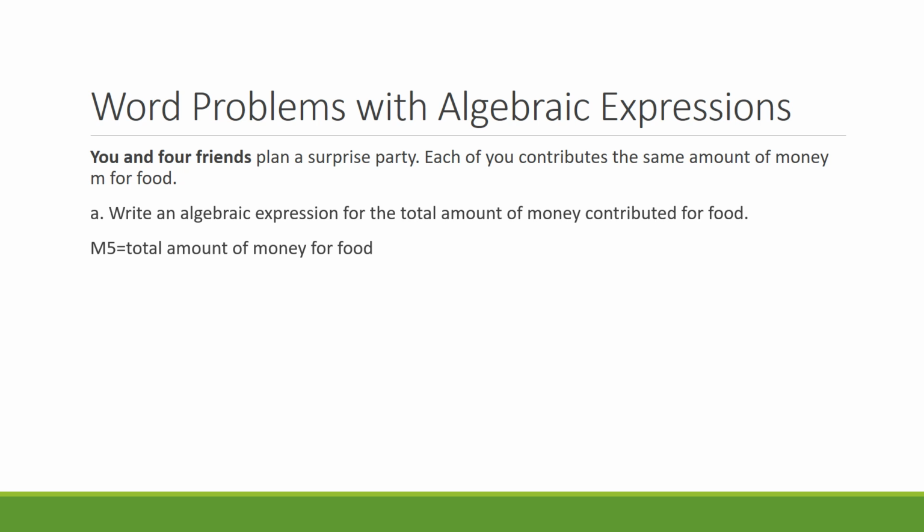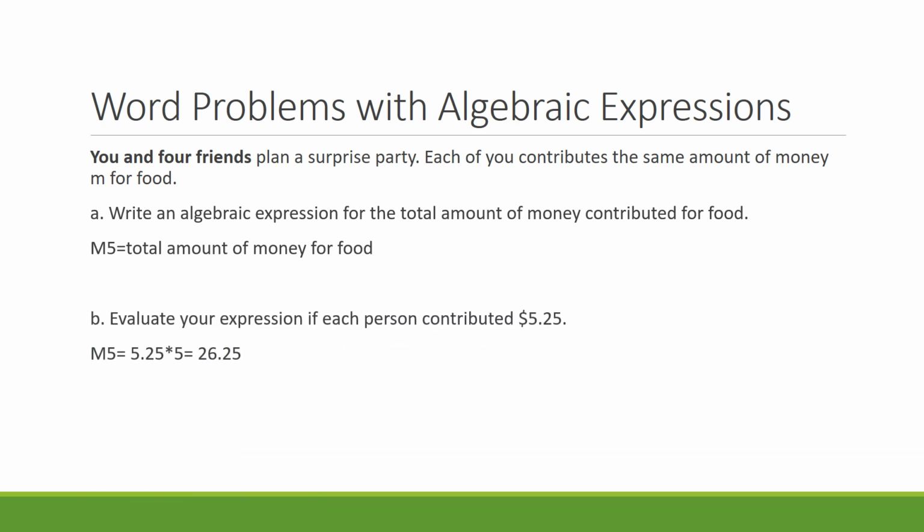This means there are 5 friends total. Our variable here is m for the amount of money that was spent on food. Our algebraic expression is m, the amount of money, times 5, the total number of friends. As you see here, there's nothing between m and 5, so we know that automatically means multiplication.